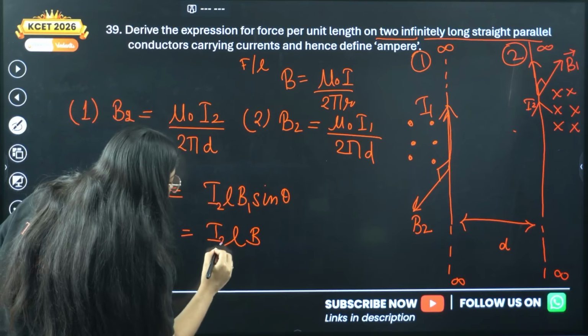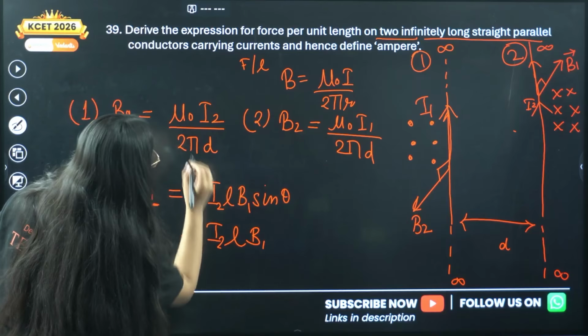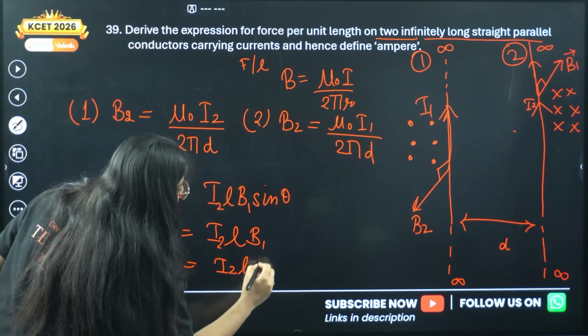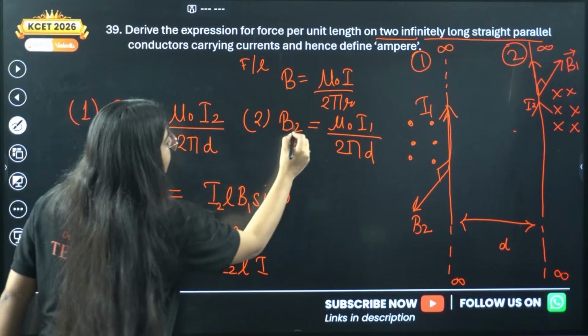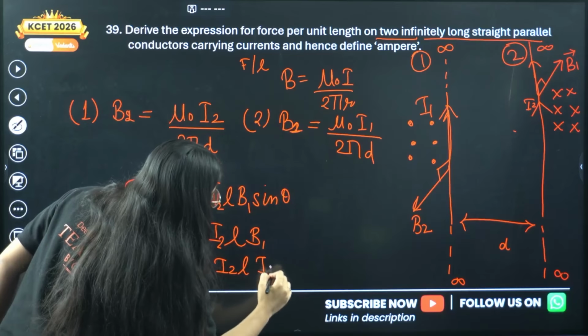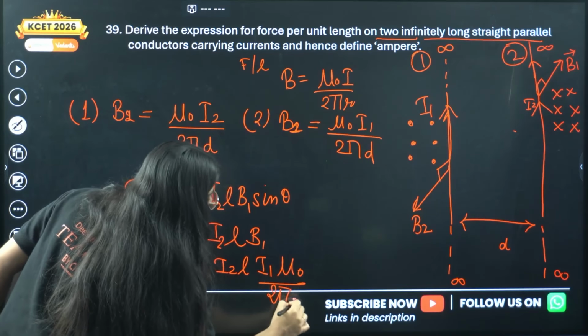If I just put in the value from here, this will be I2 L and B1 will be mu naught I1 divided by 2 pi D, correct?